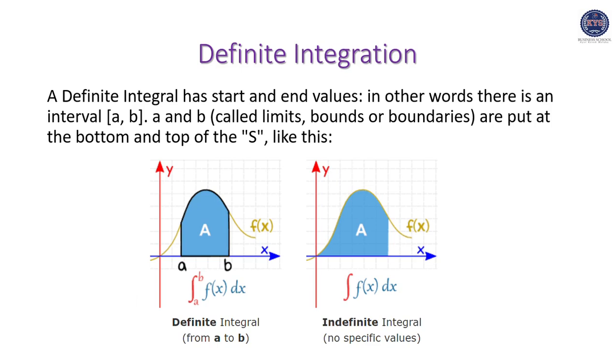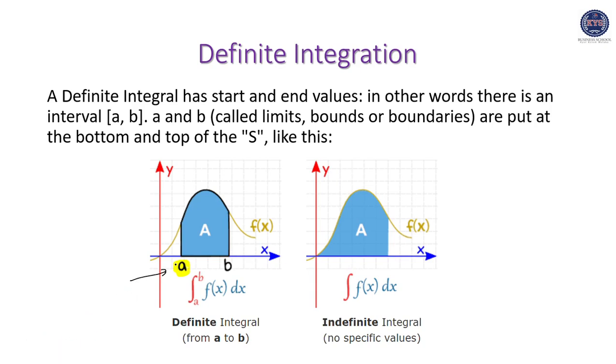Usually we use a lower limit and an upper limit. If you can see the notation here, integration from a to b of f(x) dx, this value for a we call the lower limit.